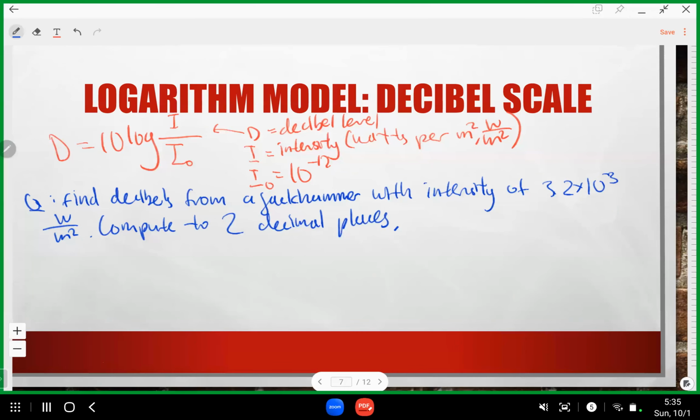Okay, so 10 times log of 3.2 times 10 to the negative third over I0, which is given. It's a constant, 10 to the negative 12. So we just need to solve this, right? Okay, so we can solve this pretty easily, and we will get 95.05.